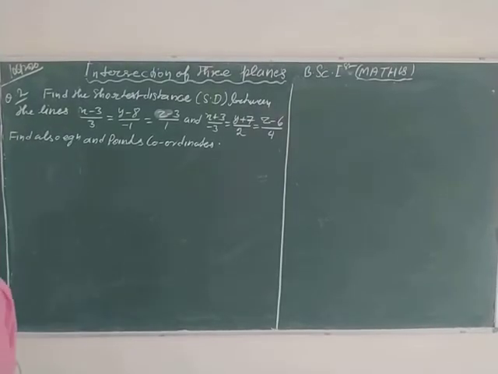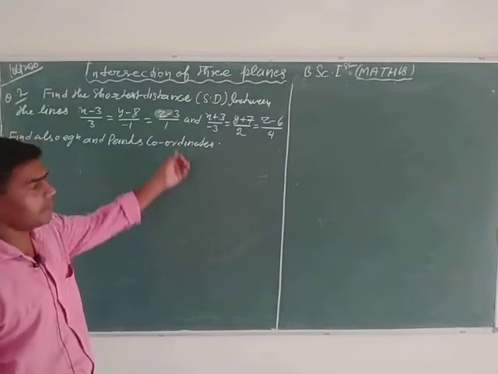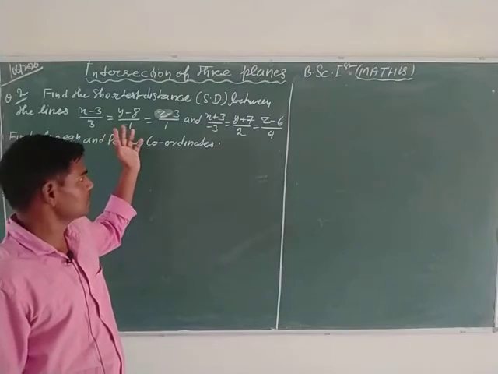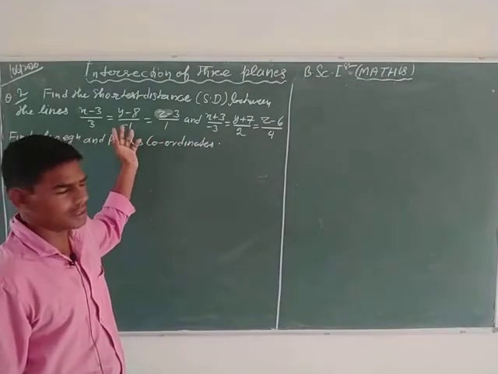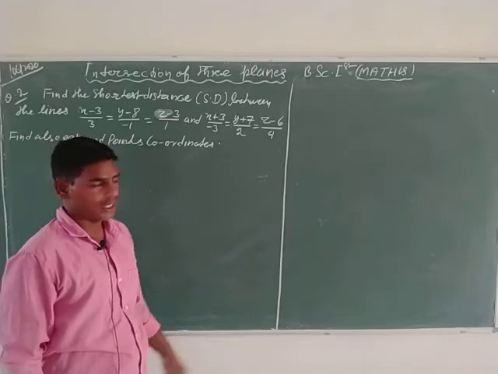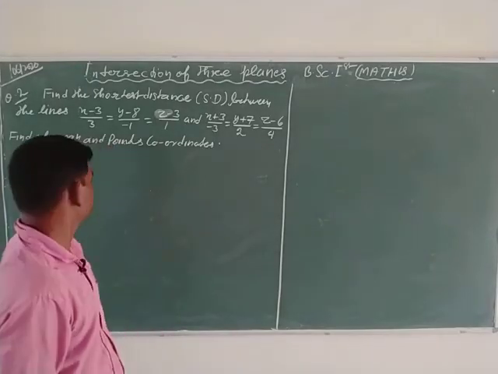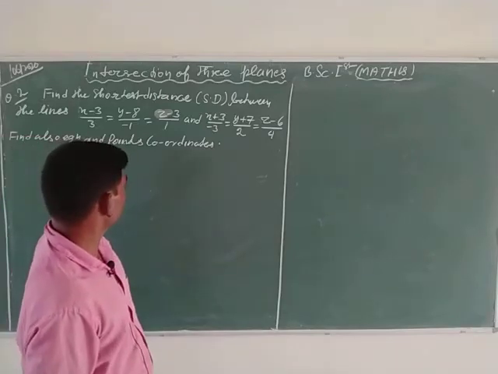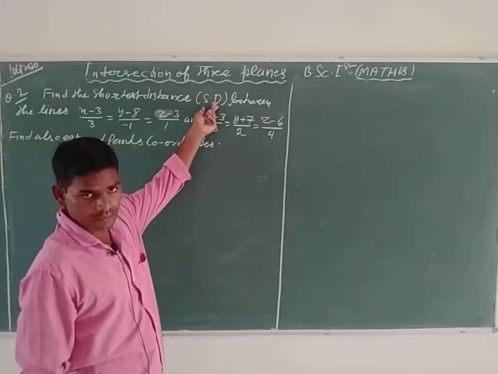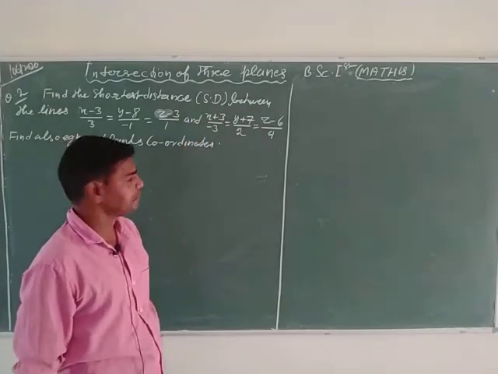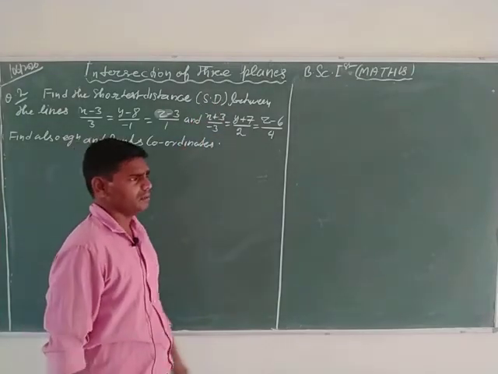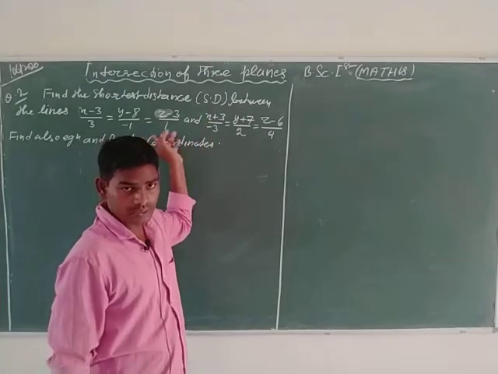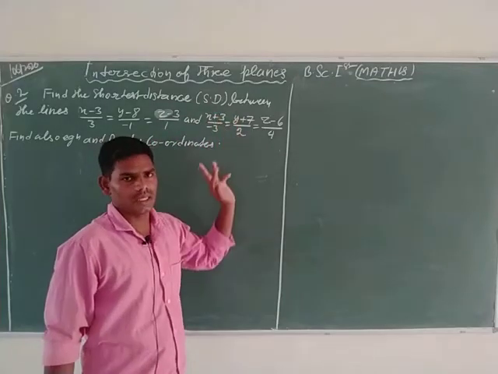In this question, find the shortest distance, briefly denoted by SD, between the given two lines, with the equation of the first line and the equation of the second line. Also calculate the equation of the shortest distance line drawn between these two lines, and the coordinates of the intersecting point of the shortest distance with the first line and with the second line.